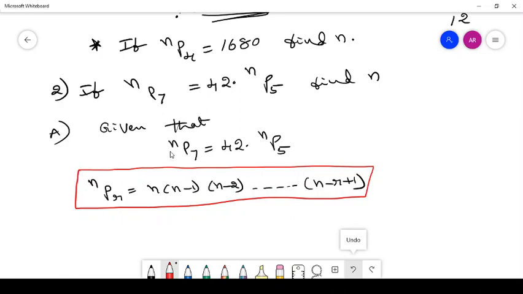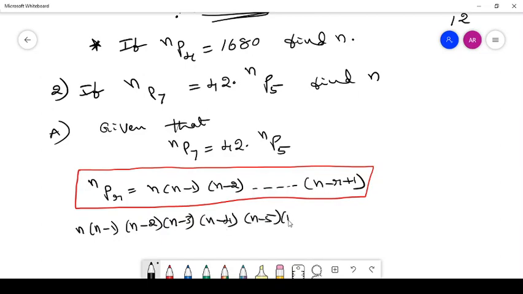Here nP7. By using this result, nP7 becomes n into (n minus 1) into (n minus 2) into (n minus 3), (n minus 4), (n minus 5), (n minus 6). r is replaced by 7, and n minus 7 plus 1, minus 7 plus 1 is minus 6, so that is n minus 6, is equal to 42 into nP5.